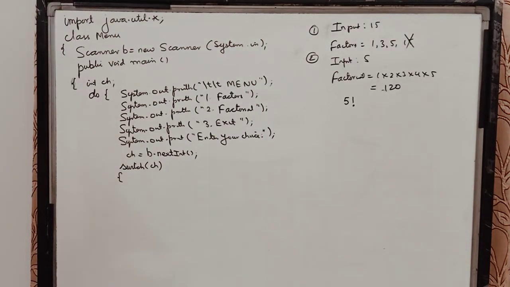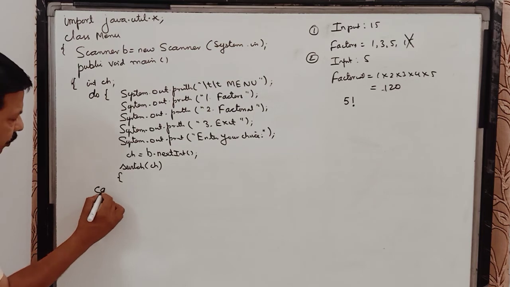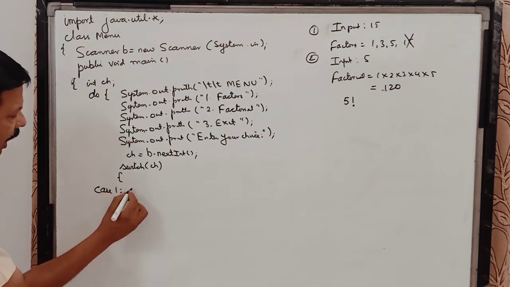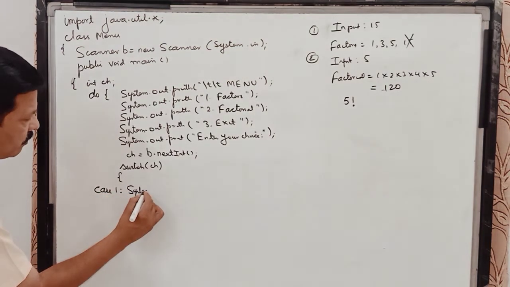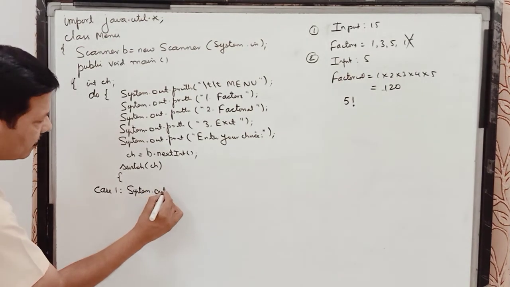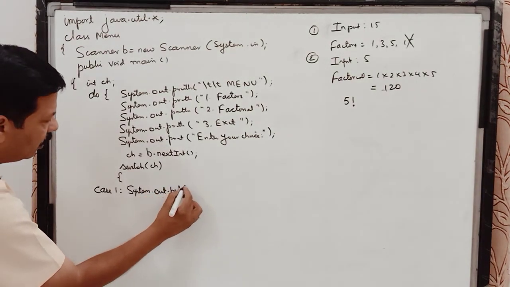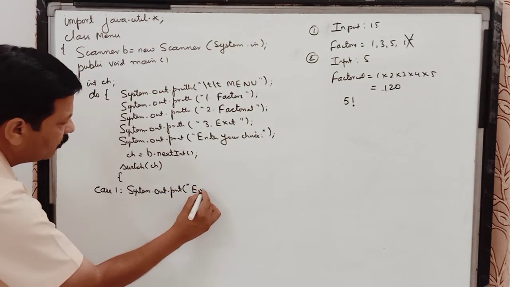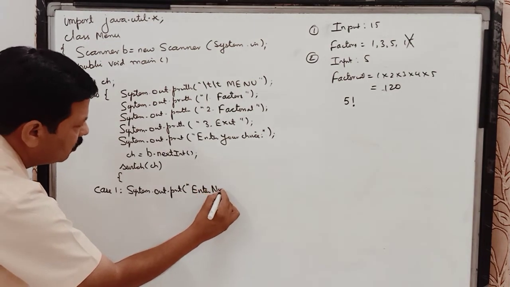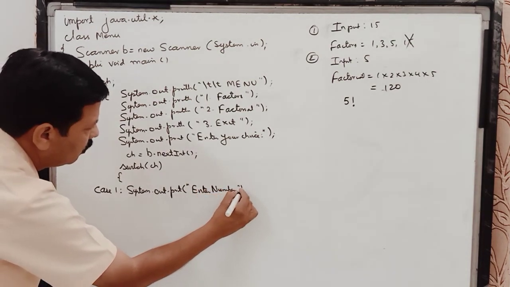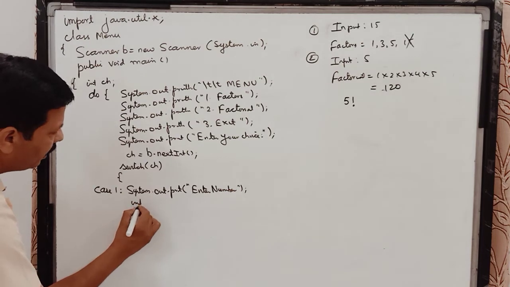Now children, if my choice is 1, I come to this part of the program where I am inputting a number. So print enter number, and I enter my number in n.